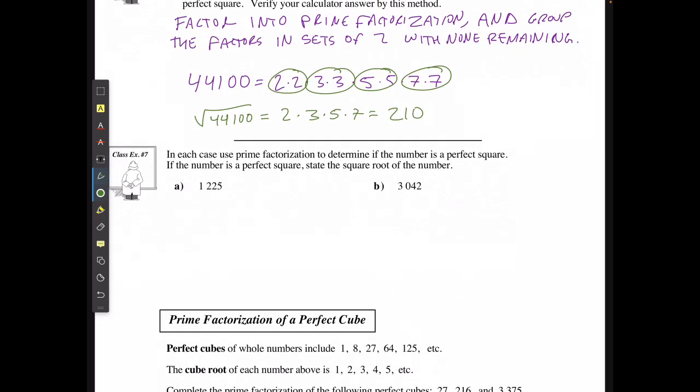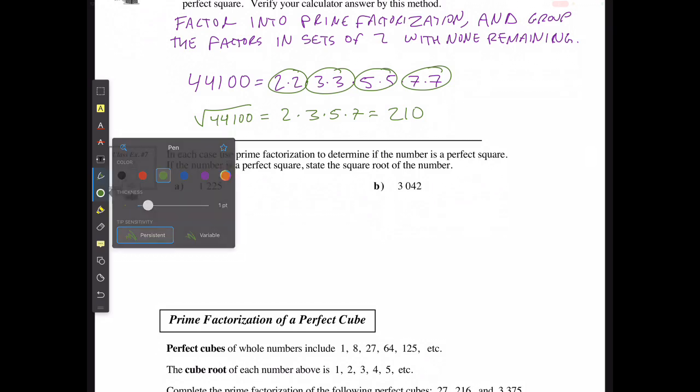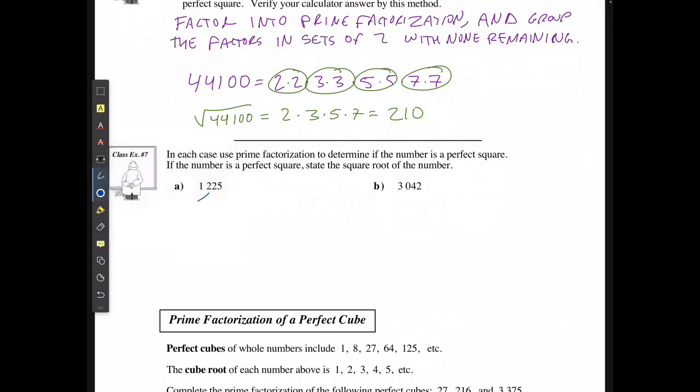If I'm following this principle and I want to double check if numbers are perfect squares, or prove that they're perfect squares, then I'm just going to factor it down. I can't factor this by 2, but I can factor it by 5.